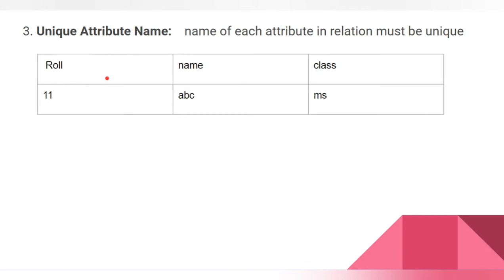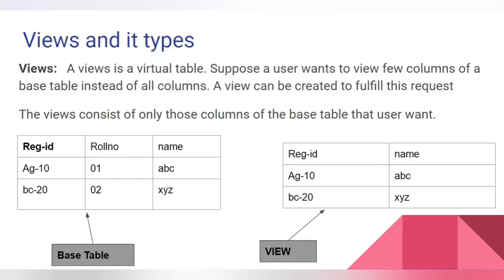This is because we can atomically store the data, and that data must be consistent and stored uniquely in the database, and that is why the attributes represent the whole set of information about the students. The student may have one name, one class and one address. So that is why a unique attribute name is necessary for tables.